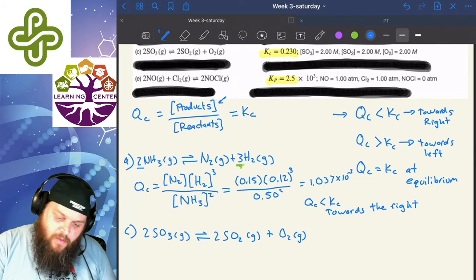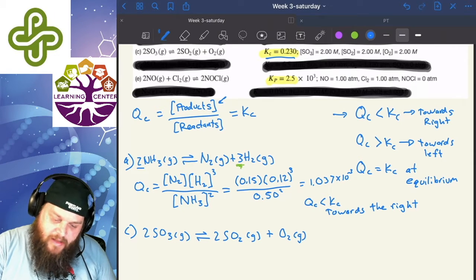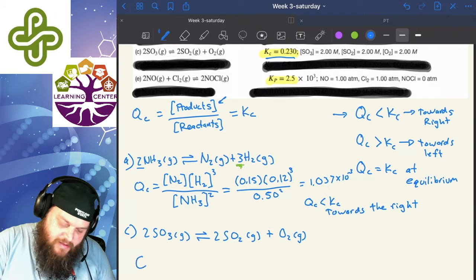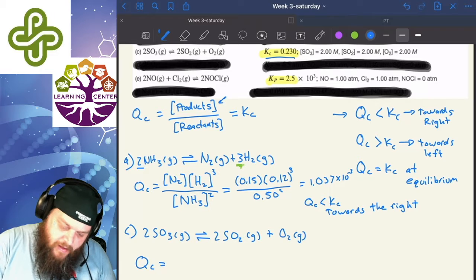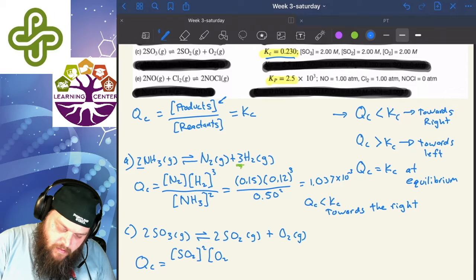So in this case, we have our equilibrium constant and we have our concentrations. So Qc is going to be equal to the concentration of the products, that's SO2 squared times O2, divided by SO3 squared.